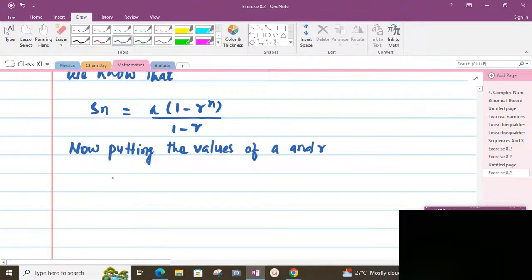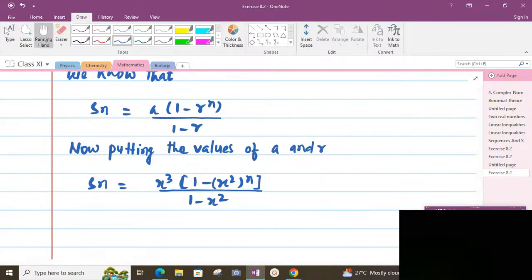So the value of a is x³, therefore Sn equal to x³ times (1 minus (x²) to the power n) by 1 minus x².